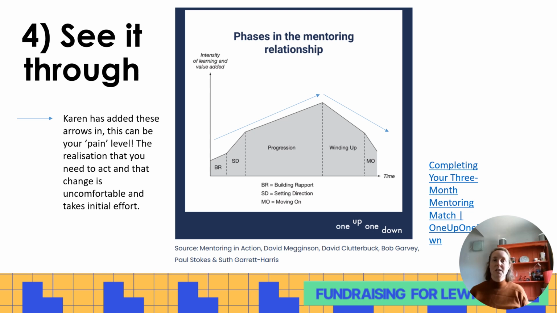You need to put the applications in. I can't do that for you. And so I think it's good to know that that hill is on its way, and that if you can see it through, you can make some achievements and get over that hill of uncomfortableness, really. So do see it through is my recommendation.